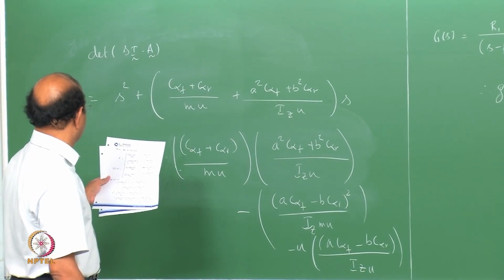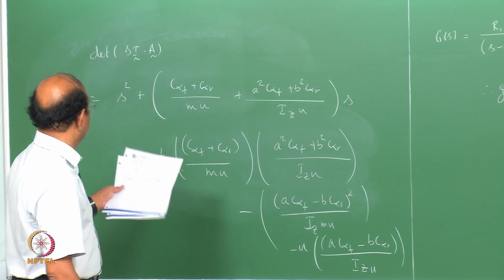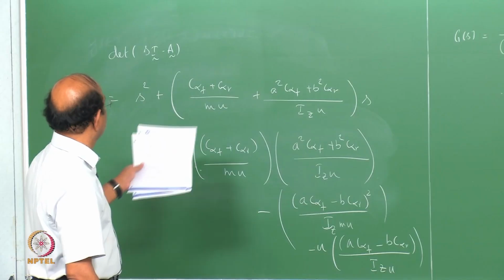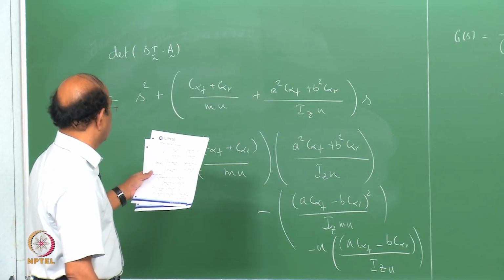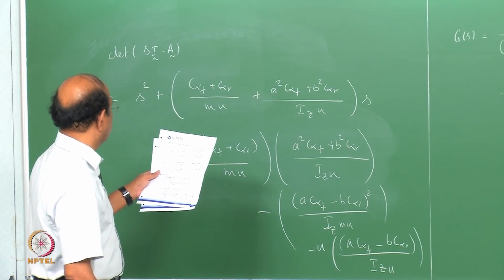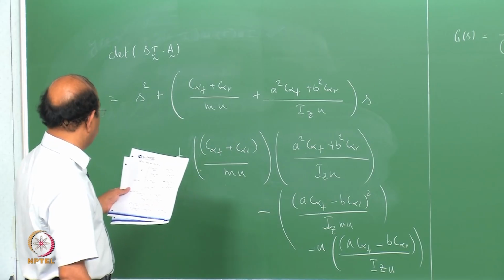Then s (C alpha f plus C alpha r) by mu, right? Plus (a squared C alpha f plus b squared C alpha r) by Iz u, yes, right?